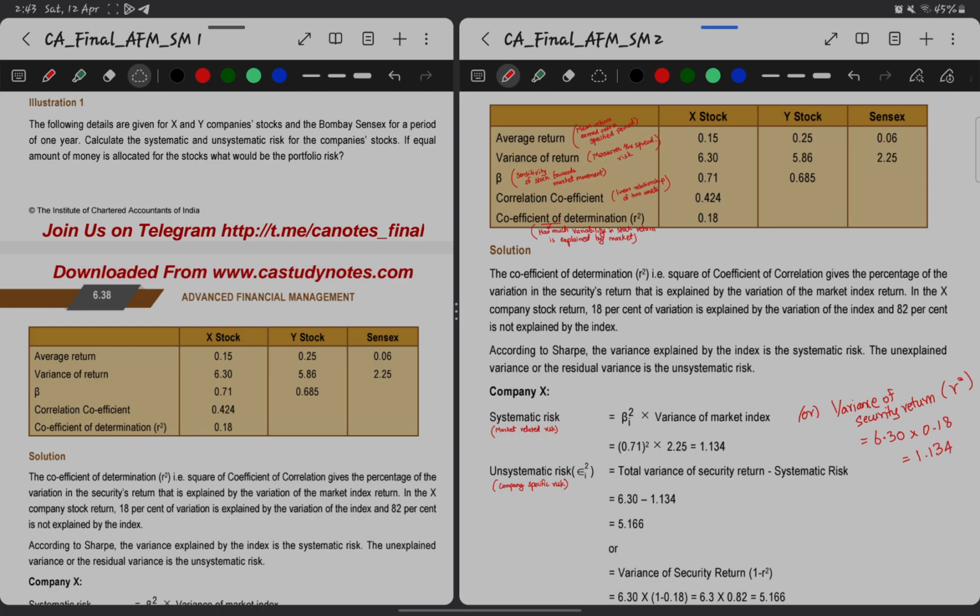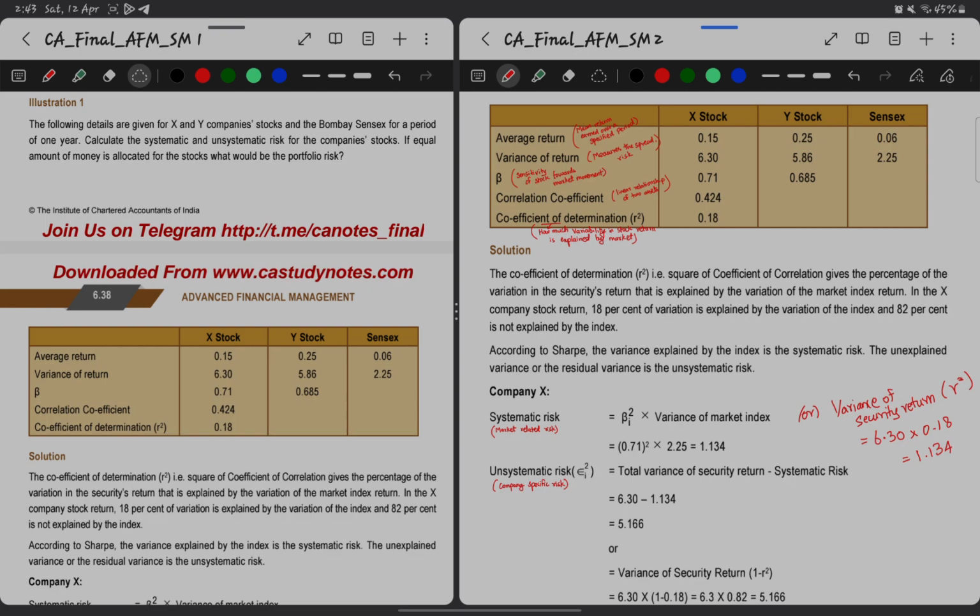Now coefficient of determination is nothing but how much variability in stock return is explained by market. So since a stock's variation towards the market, the total variance will not be just because of market, it will be because of some internal factors also.